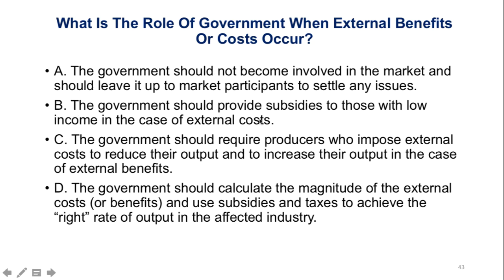Or the government should provide subsidies to those with low income in case of external costs, or the government should require procedures to impose external costs to reduce their output and to increase output in case of external benefits, or the government should calculate the magnitude of the external costs or benefits and use subsidies and taxes to achieve the right rate of output in the affected industry.